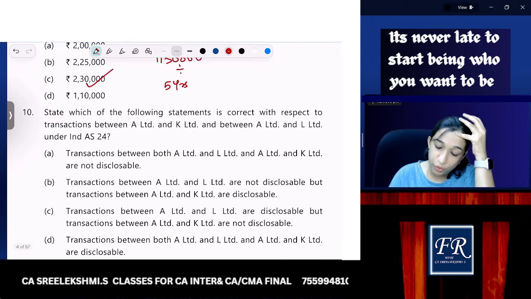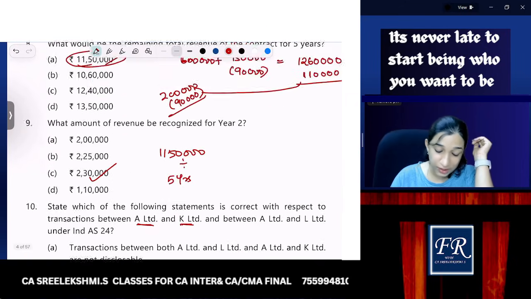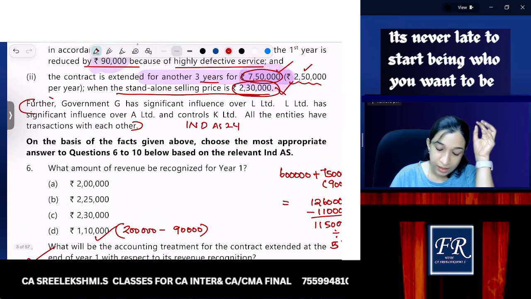Now, state which of the following statements is correct with respect to transactions between A, K, and A, L. So that is in Ind AS 24. Let's go and read this.